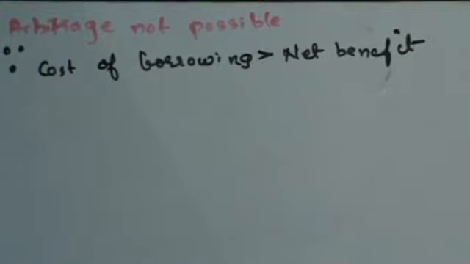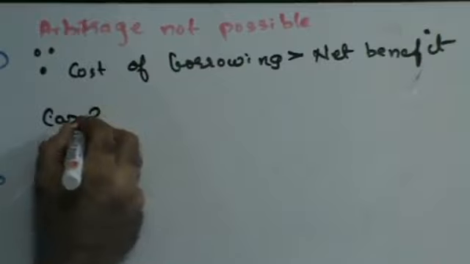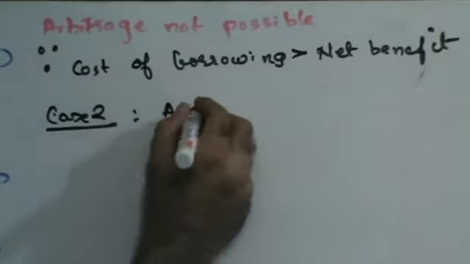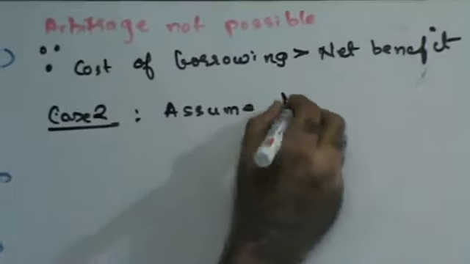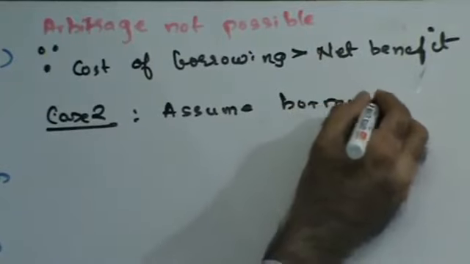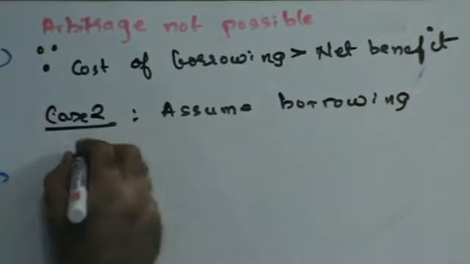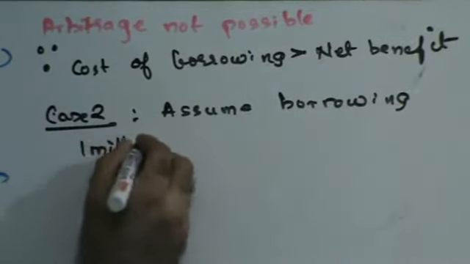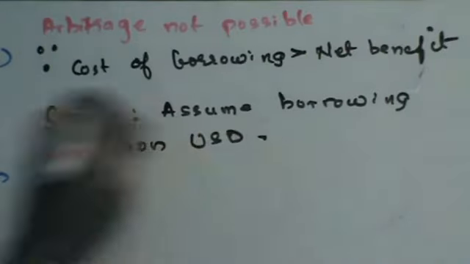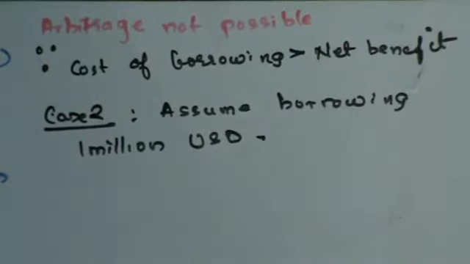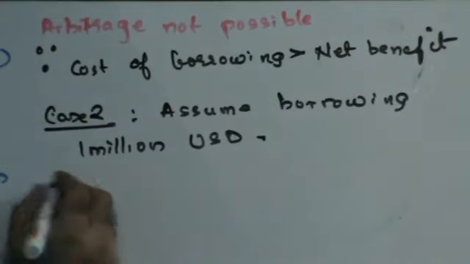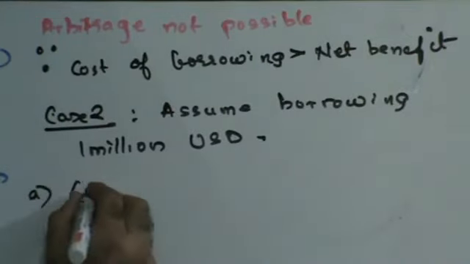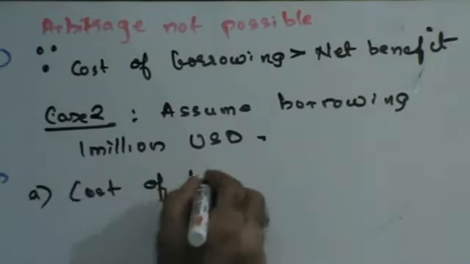Let's see case 2. This was case 1. Assume borrowing 1 million US dollars. If I want to borrow 1 million US dollars, then what will be my cost of borrowing?